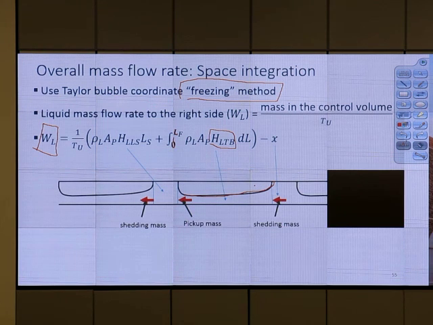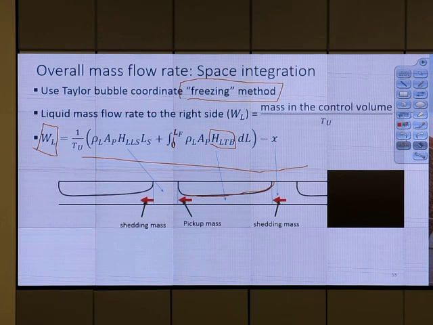If we do everything right, integration of WL based on this equation has to match with the given input of WL. If it doesn't match, we have to do some kind of iteration. This means the assumption that we make for LF doesn't allow mass to be conserved. So we have to check WL.